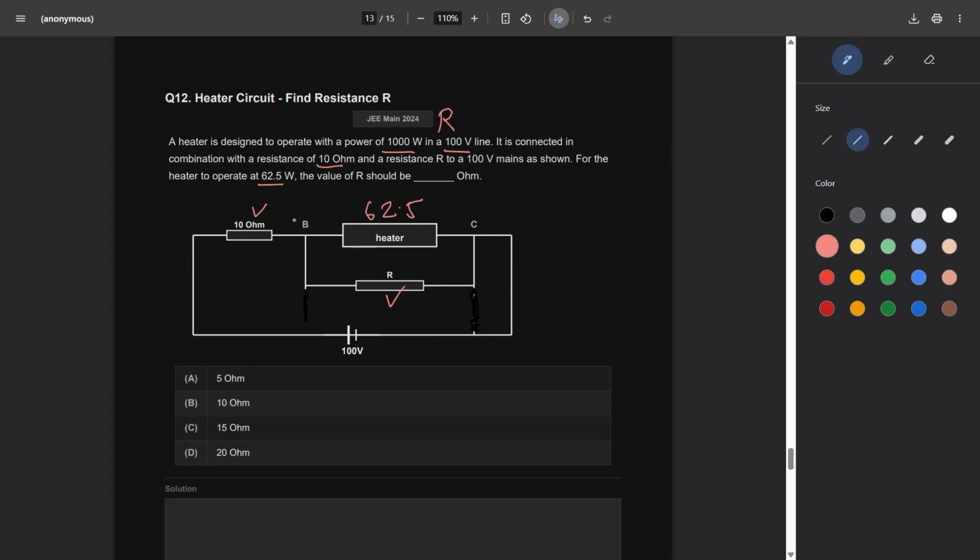So we need the value of R. So we have the heater's resistance. You can just use proportionality, right? Just use proportionality as P1 by P2 equals V1 squared upon V2 squared.